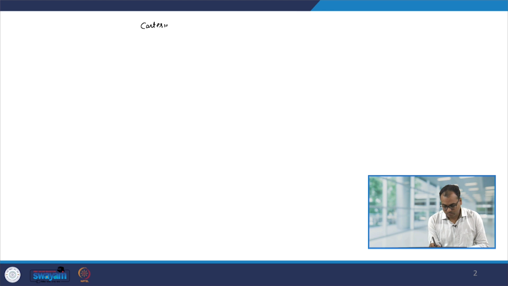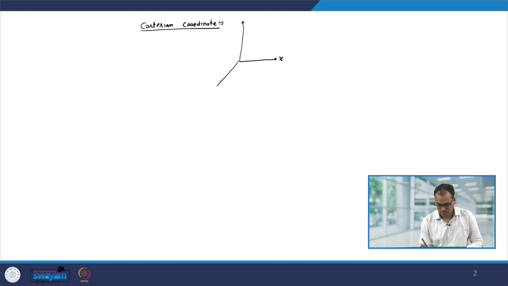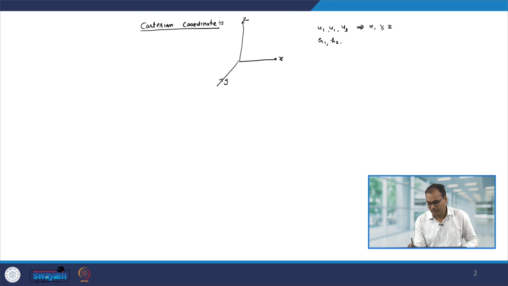So, in Cartesian coordinate, we have the x, y and z axis, and here this u1, u2 and u3 are the x, y and z, and the scale parameters h1, h2 and h3 were 1, 1 and 1, and the equation of motion of the particle.